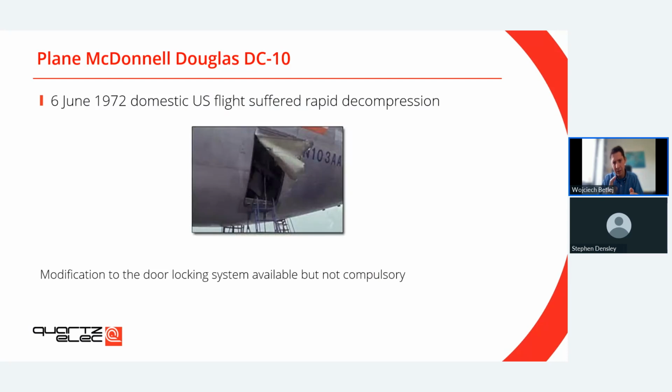Luckily, that was the cargo door and nothing happened to the people inside. But what I want you to focus on for a minute is what the OEM, the manufacturer, did at the time. They said that there is an available modification to the locking system, but it's not compulsory. This is quite a bizarre situation.